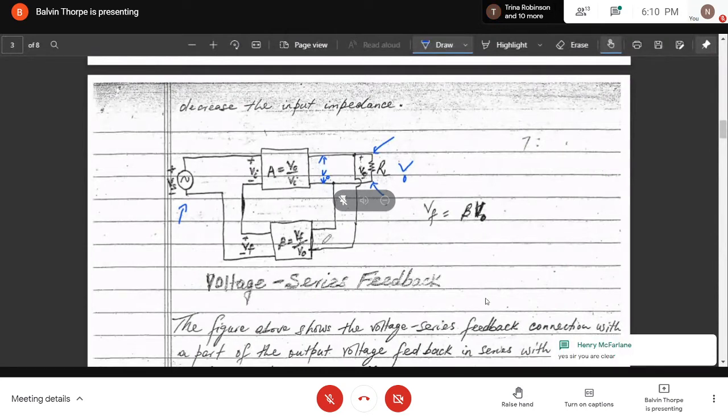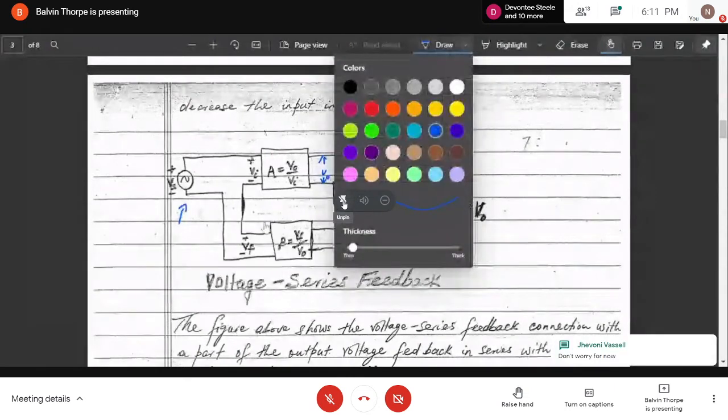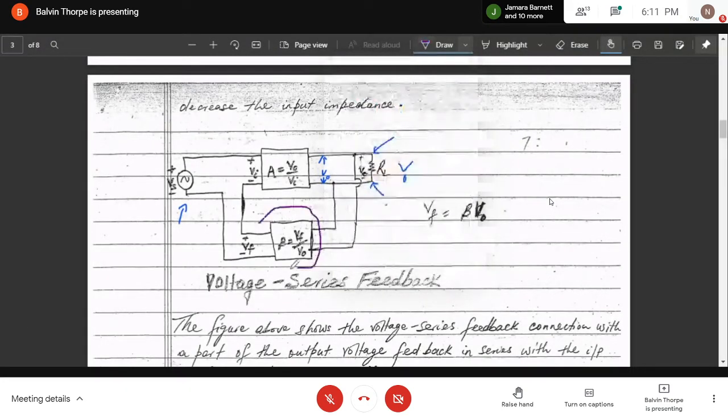So when we talk about voltage feedback, we take a portion of the output voltage and feed it to the feedback network. So this is your feedback network right here.